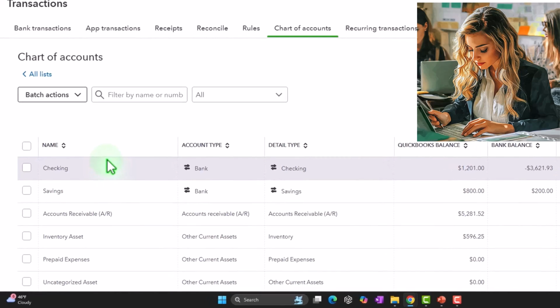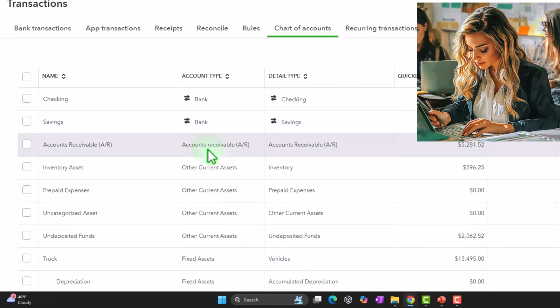But you can see at this point that it's organized by the account type. Every time we set up a new account, we're going to give it an account type.